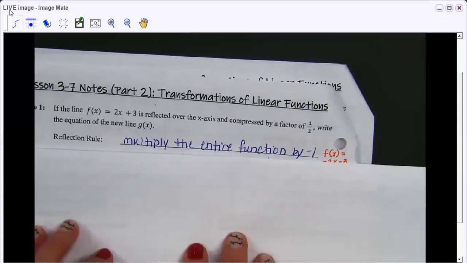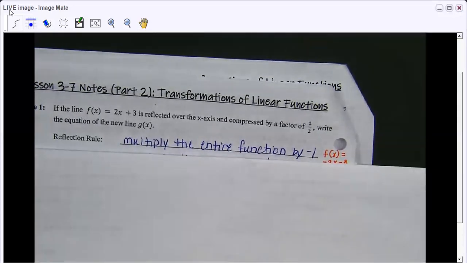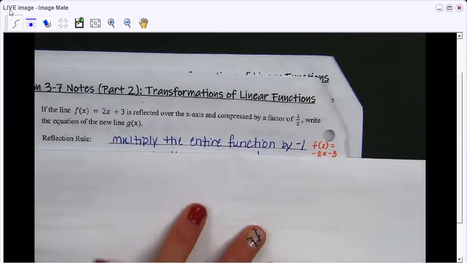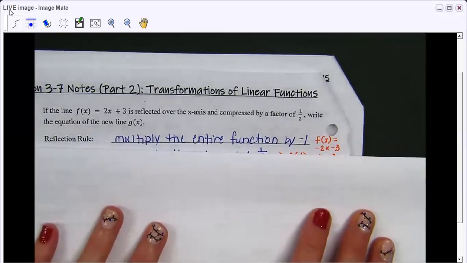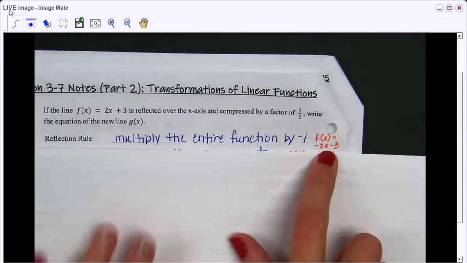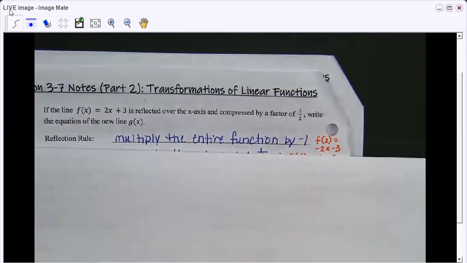So go ahead and write that for your reflection rule. And on the side in orange, you'll see that I wrote out what the new function would be after that because I was trying to keep track of what I was doing. Some of you may not need to do that, and that is okay.